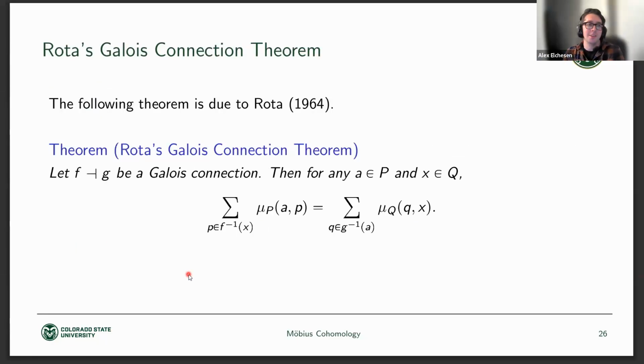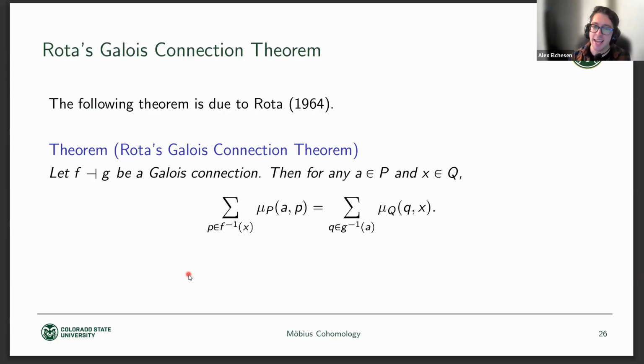Okay. So what is Rota's Galois connection theorem? This goes back to Rota, who introduced all of this, like Möbius inversion on general posets. Rota's Galois connection theorem says if you have one of these Galois connections, then the following identity holds.